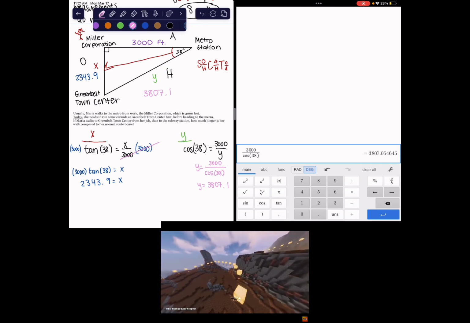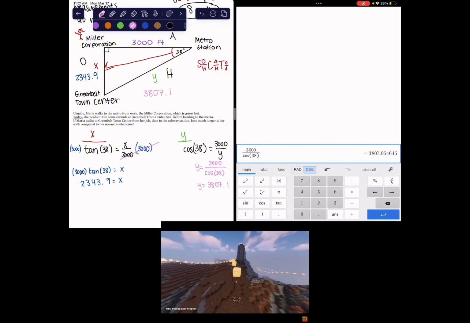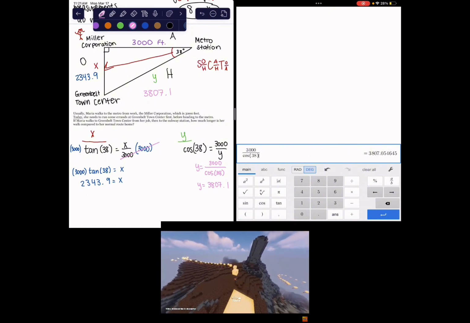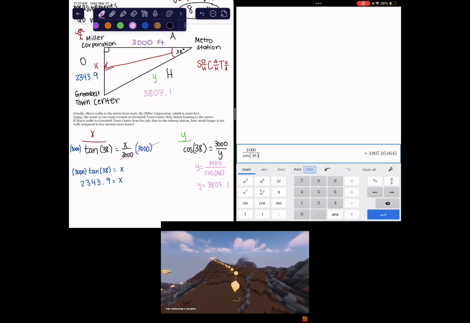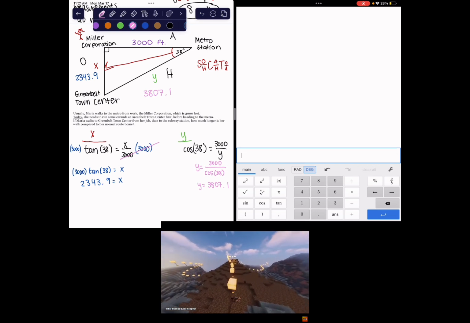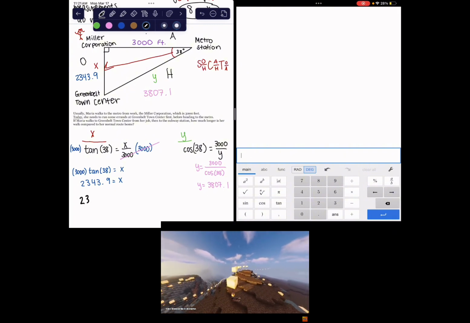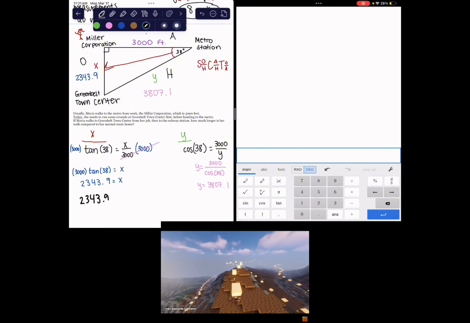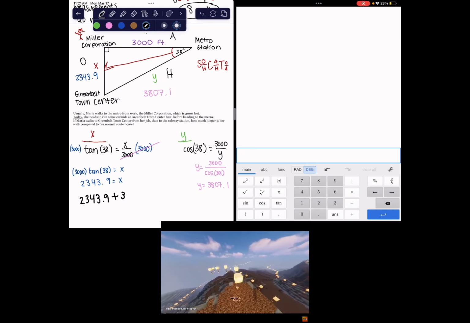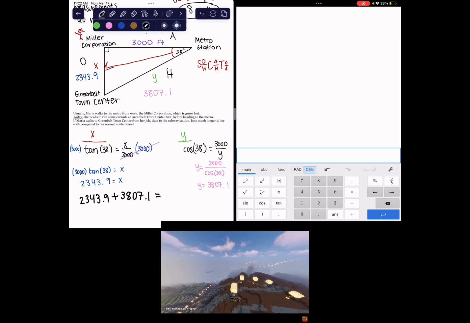So she went 2,343.9 feet plus 3,807.1 feet. So let's add those two together. And then we use my calculator to do that.